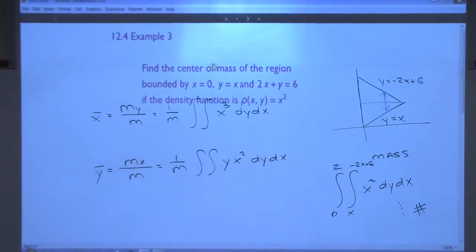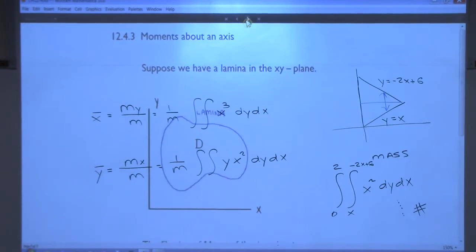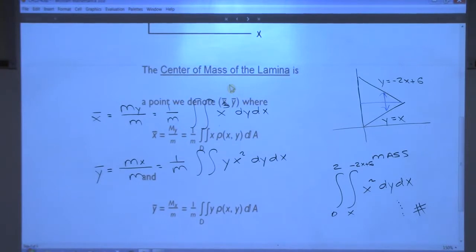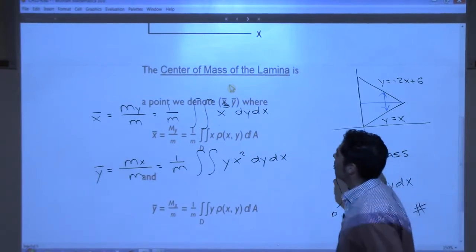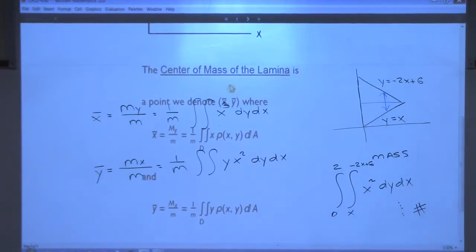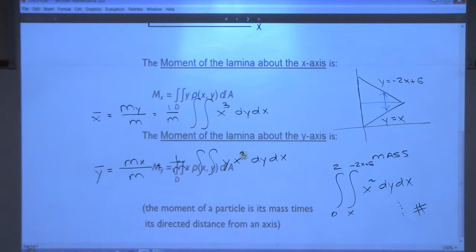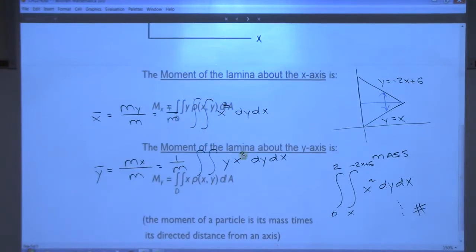For x bar, where did I reverse it? You sure? My notes are different than yours. What does yours say? On the x bar, it's multiplied by y. Well, it was like an actual shape. Who has the book? I do.